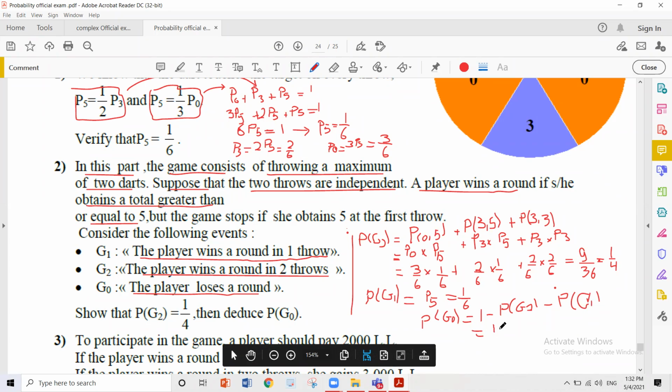Equals 1 minus 1 over 4 minus 1 over 6; the common denominator is 12, we get 12 minus 3 minus 2, which gives 7 over 12.